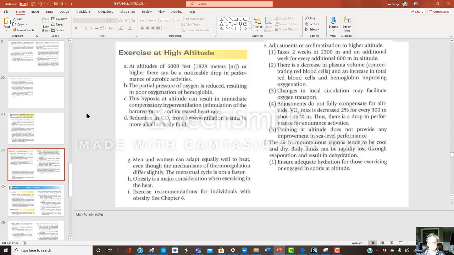This hypoxia at altitude can result in immediate compensatory hyperventilation, stimulation of the baroreceptors, and increased heart rate. Reduction of CO2 from hyperventilation results in more alkaline body fluids.